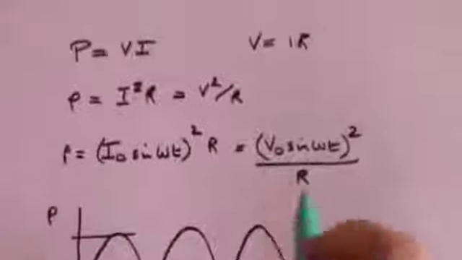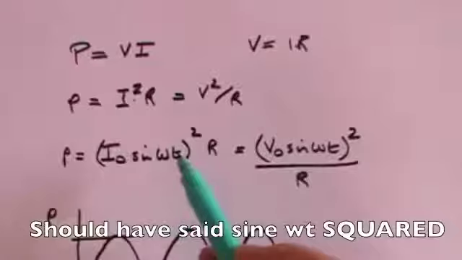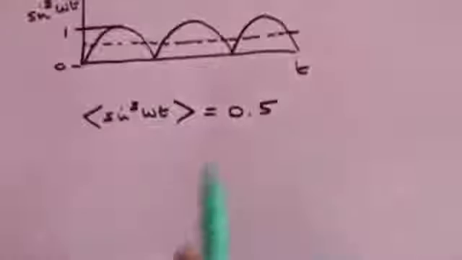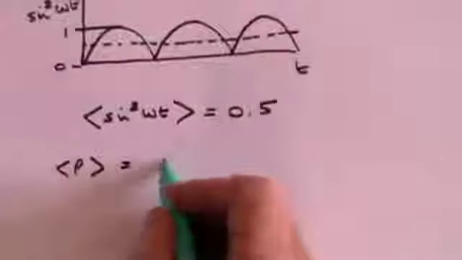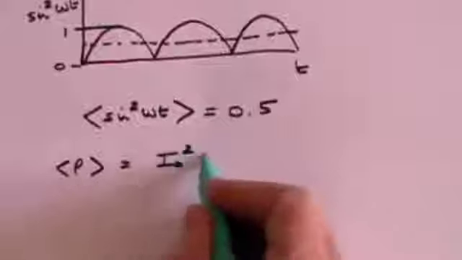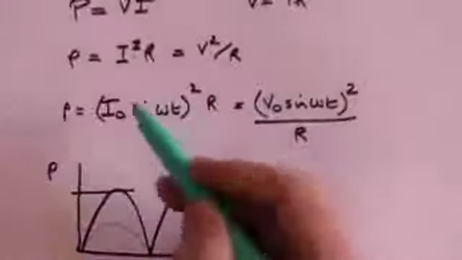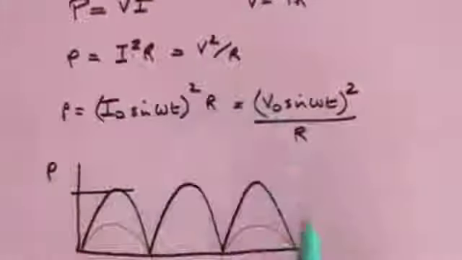So what we can say is that the average value of sine squared omega t in both these terms is 1/2. So the average value of power is going to be I naught squared R divided by 2. Because all we've done is to take the I naught squared R and we've said the average value of that is a half.